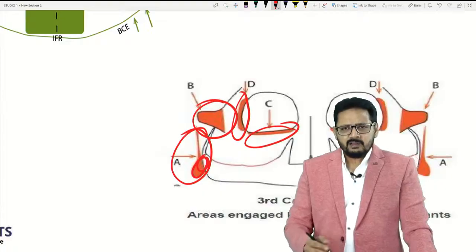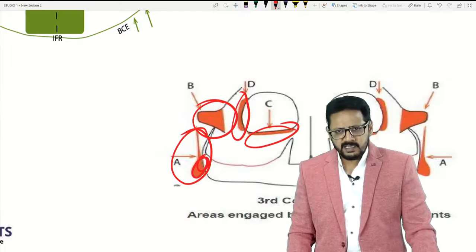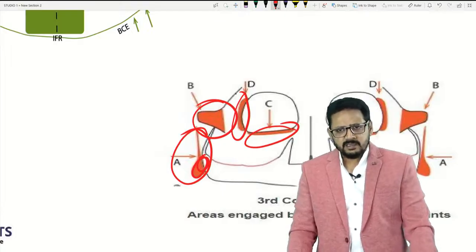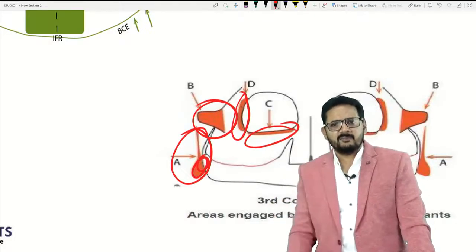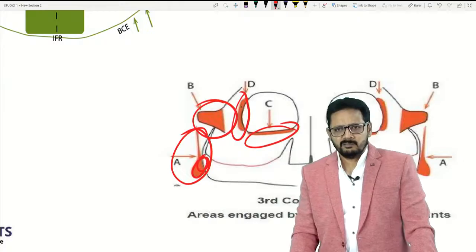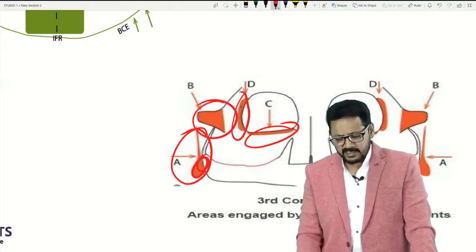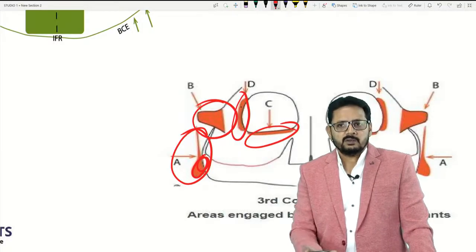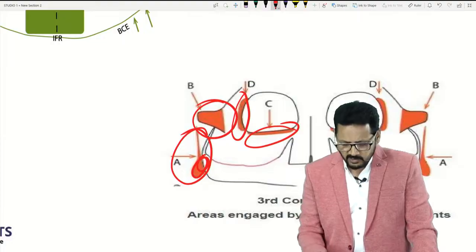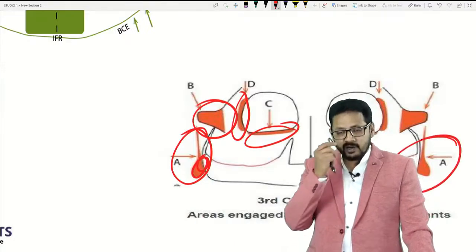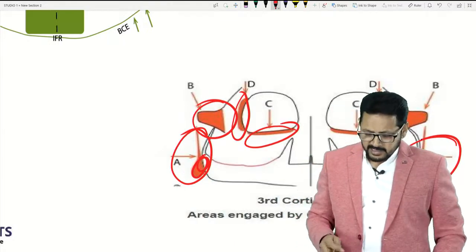But here we are not putting any implants for the teeth purpose. D means the lateral orbital rim. These are all for artificial eye replacements and are not used for implants. Just as a diagrammatic representation, I have shown you all the areas where you can put. In these modules, we are concerned more with the A region, that is the pterygoid region. Is that clear, guys?